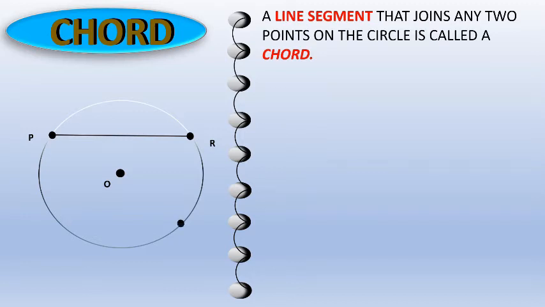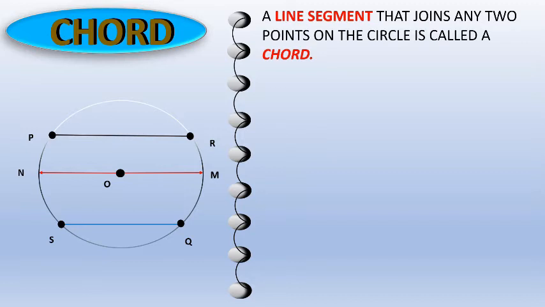Let's take another 2 points, point Q and point S, on the boundary of the circle. If I join these 2 points with a line segment SQ, this SQ is a chord. Now I am going to draw one more line which is passing through the center as NM. Then you will say, sir, this is a diameter.